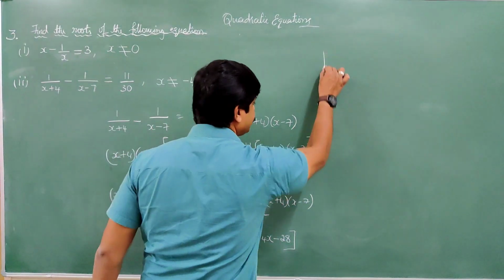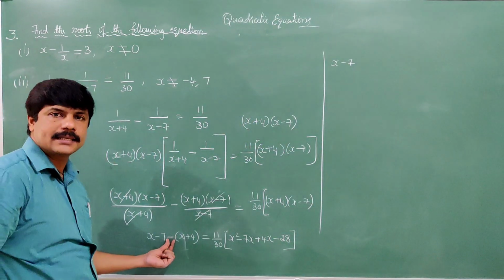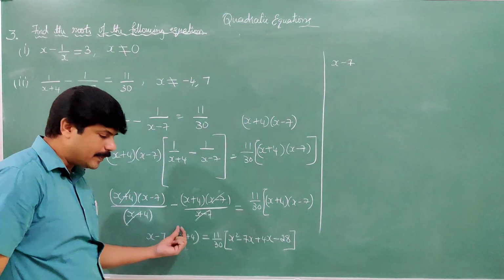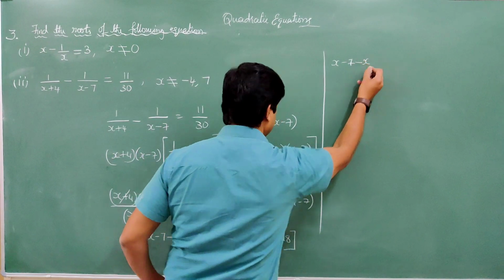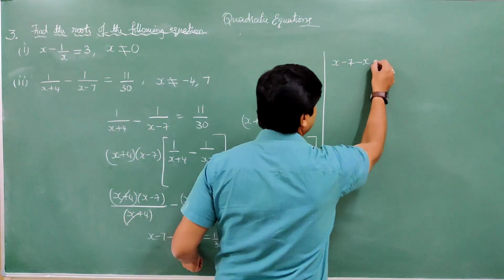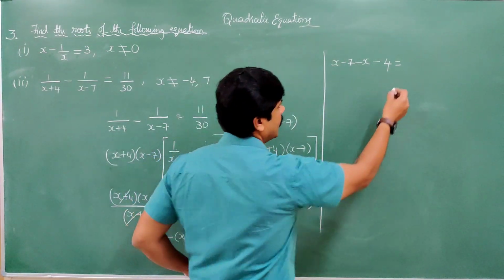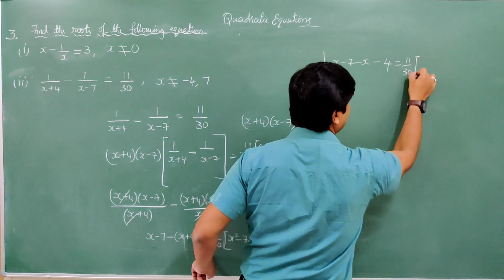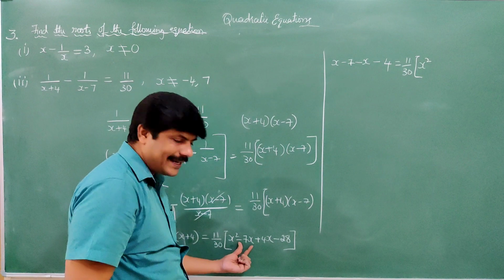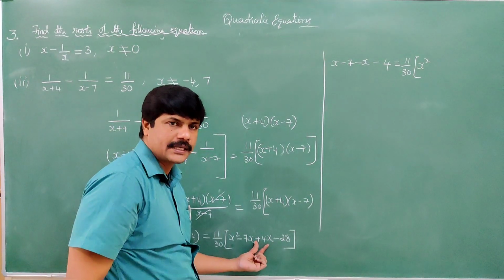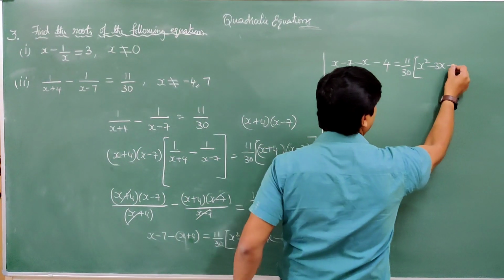Okay, now what is left? x minus 7. Here minus is there, so release this by multiplying minus with x and 4. Minus into x is minus x. Minus into plus 4 is minus 4, so minus 7 minus 4 on the left, equals 11 by 30 bracket x squared keep as it is, minus 7x plus 4x is minus 3x, minus 28.